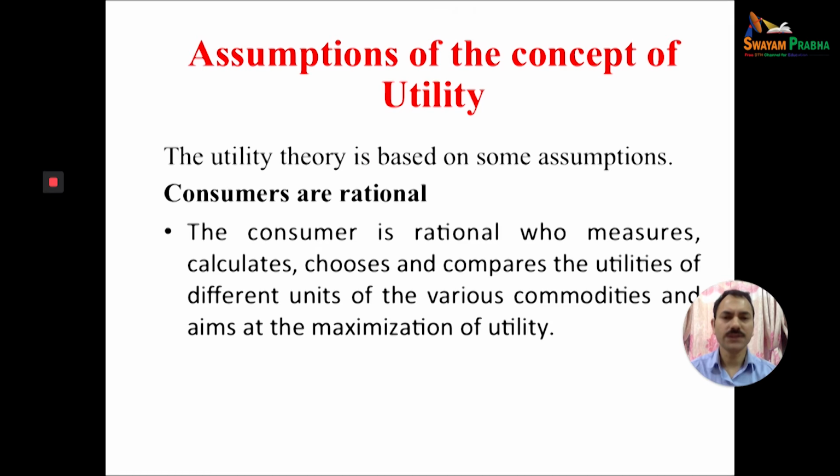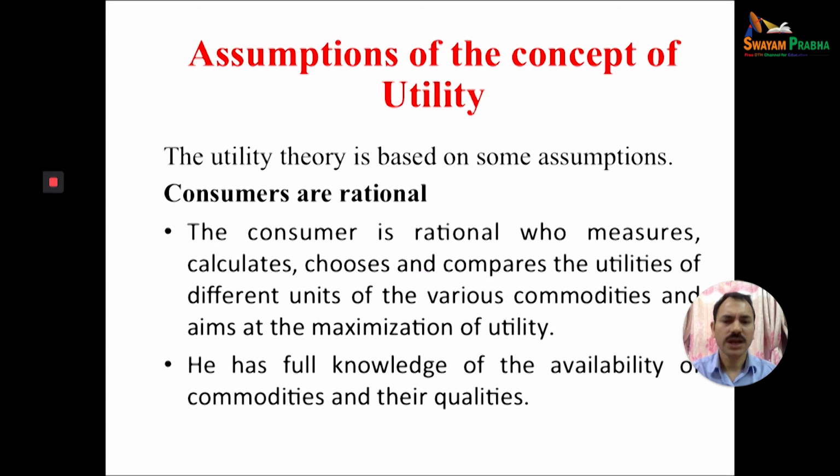A rational consumer is one who measures, calculates, chooses and compares the utility of different units of various commodities and aims at the maximization of utility. The person tries to get maximum satisfaction from his given income when he consumes a product. He has full knowledge of the availability of commodities and their qualities.